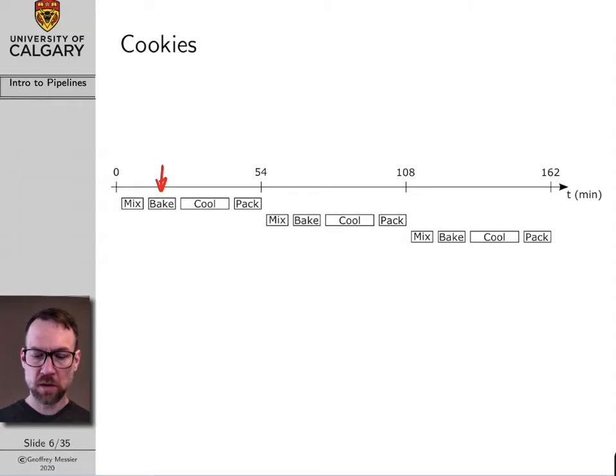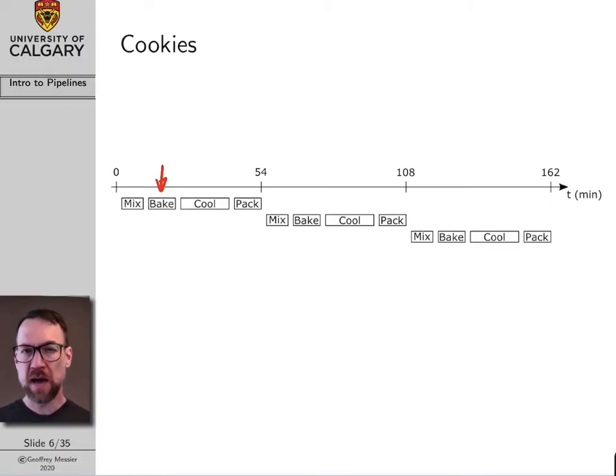And the only constraint that I'll put on this problem is we can't do 2 identical stages at the same time. So let's assume that we can't fit 2 batches of cookies into our oven. It's not big enough. There's only one of us, so let's say we can't mix dough for 2 batches at the same time. We only have 1 cooling rack, so we can't cool 2 batches at the same time.